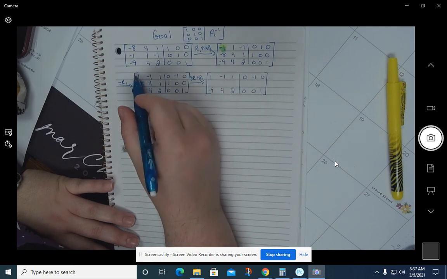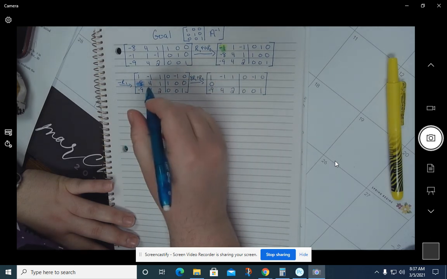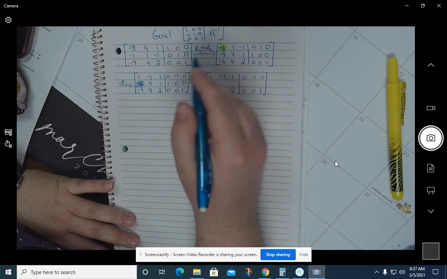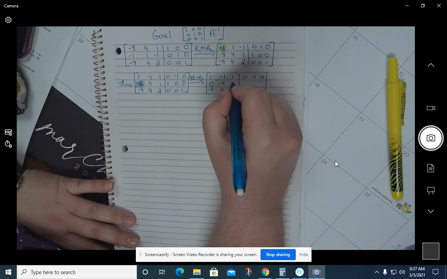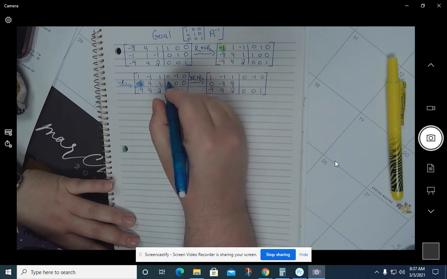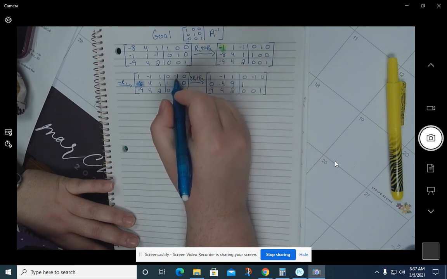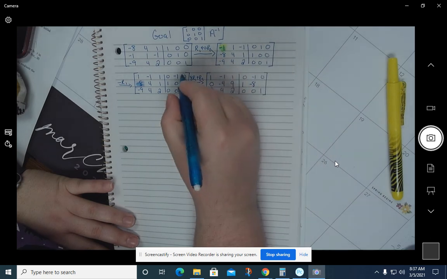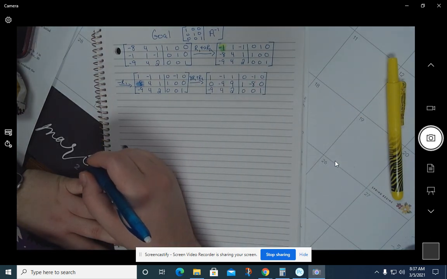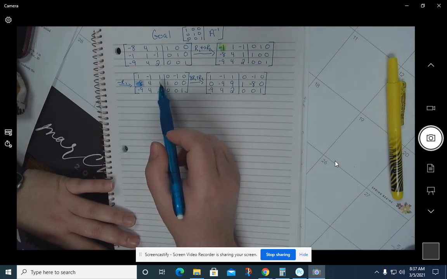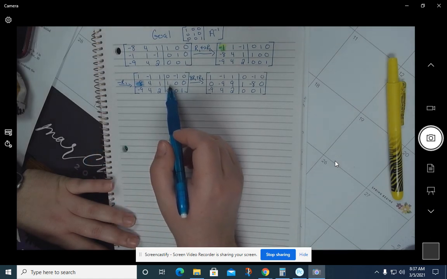In row 2, 8 minus 8 is 0. -8 plus 4 is -4. 8 plus 1 is 9. 0 plus 1 is 1. -8 plus 0 is -8. And 0 plus 0 is 0. I just multiplied everything in the first row by 8 and added it to the element directly below.